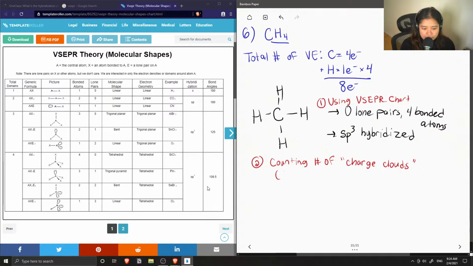So charge clouds are both the lone pairs plus any bonded atoms or bond pairs. So for example, when we have one charge cloud, or let's start from 2 charge clouds.